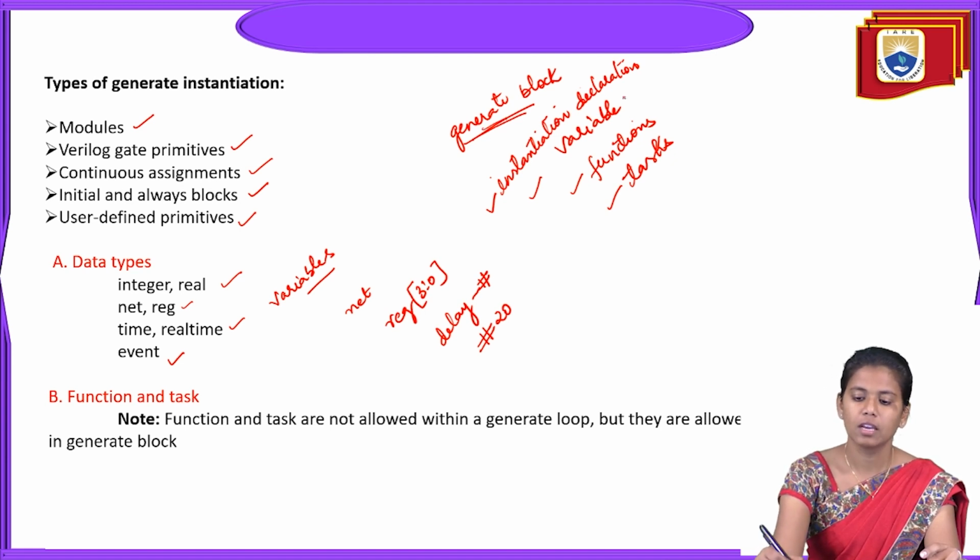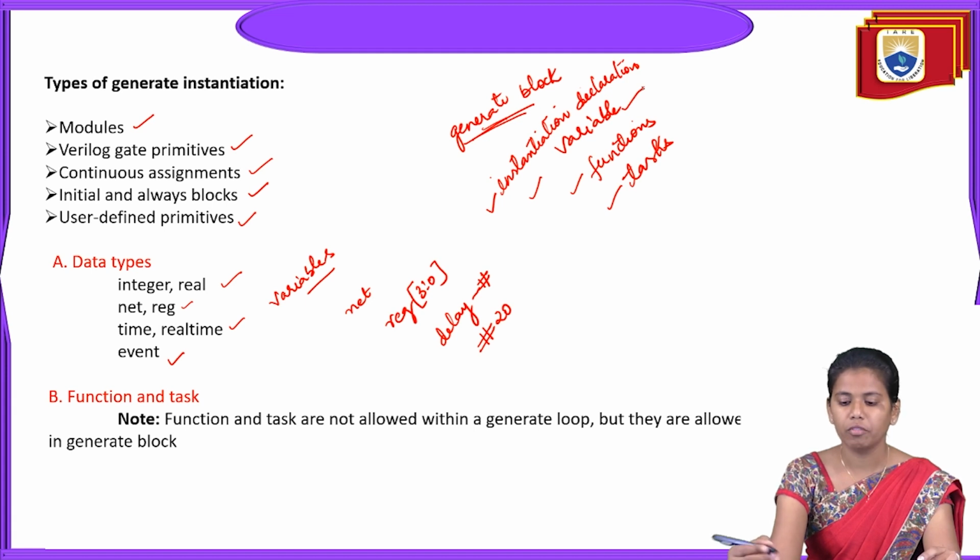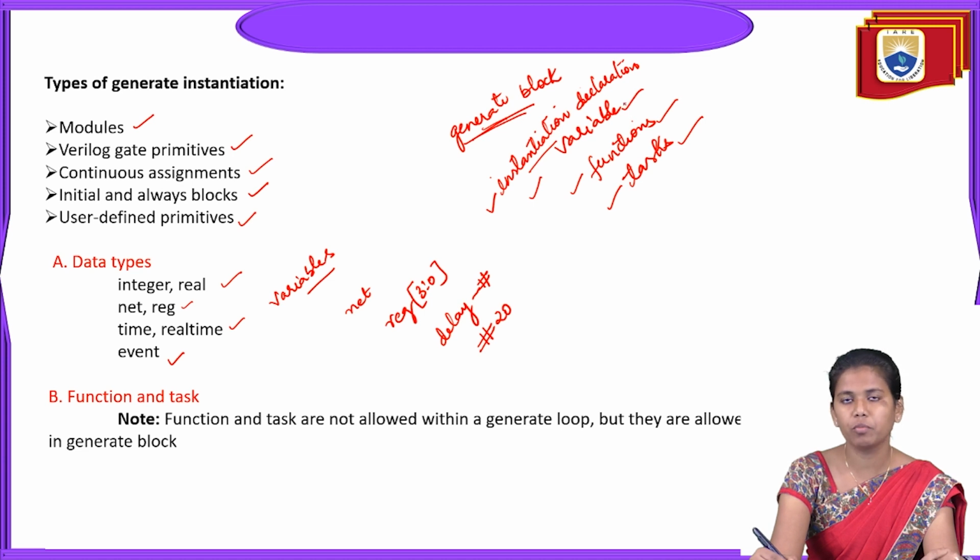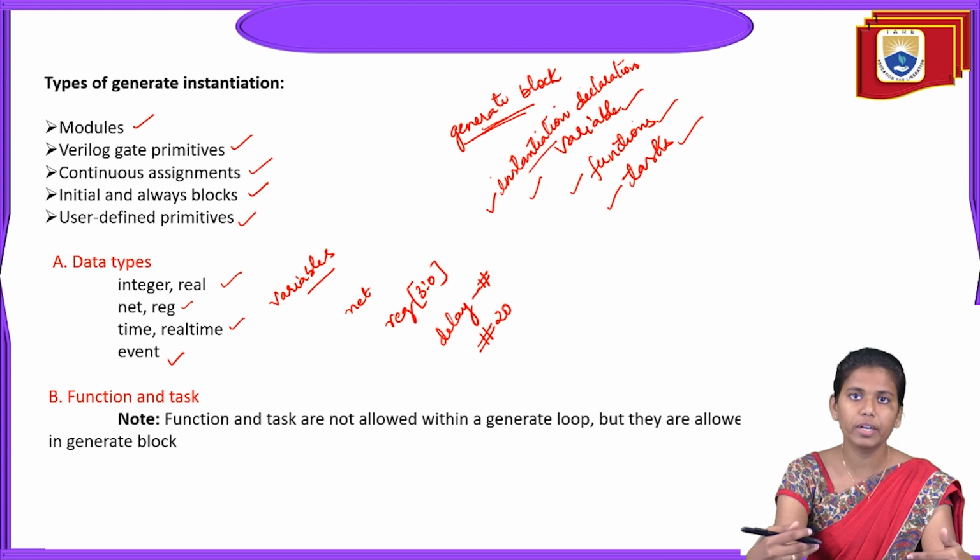As I discussed, we can make use of the variables, the functions, the tasks, and also the instantiation declaration. Using these data types, which are nothing but variables, we can generate code based on the generate block.